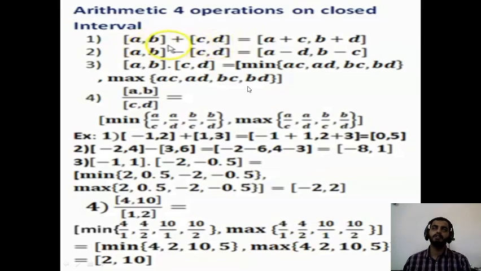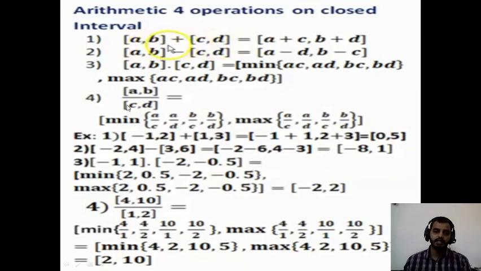If you remember, this is the same thing that we did previously with the conversion of a fuzzy system into a crisp system, or a fuzzy set into a crisp set: minimum of, maximum of. Now what will this return? This will return the minimum value and this will return the maximum value.